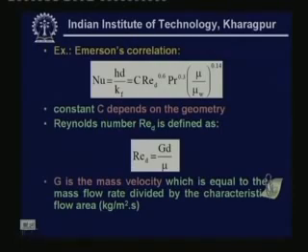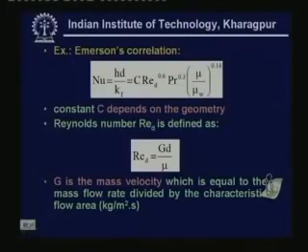Okay. And in this expression the constant C depends on the geometry. Okay, that means how the baffles are placed and how many passes are there and all that. Depending upon the specific geometry of the shell and tube type of evaporator, the constant C has to be obtained and used.